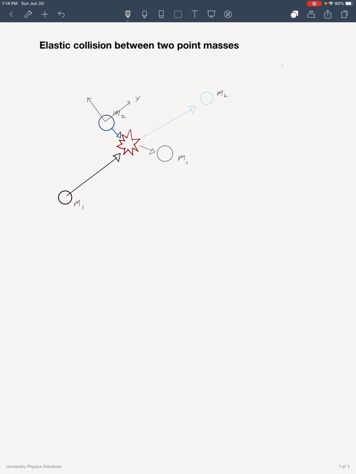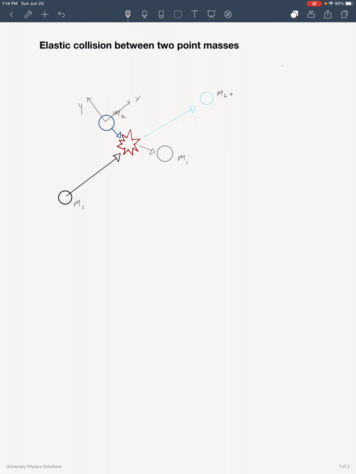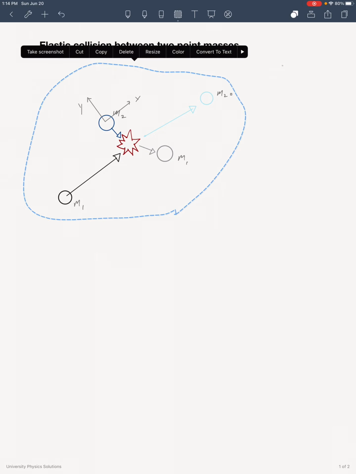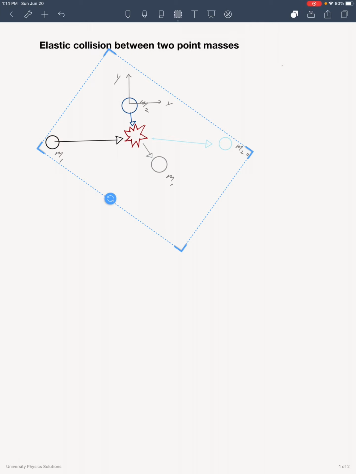Alright, so this is the X, this is the Y, and what I've done by putting that coordinate system in that orientation is made it such that M1 ends up being all in the X direction.